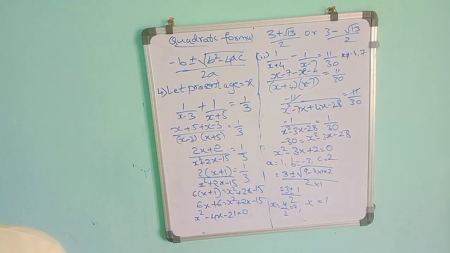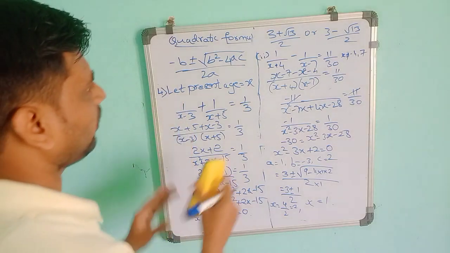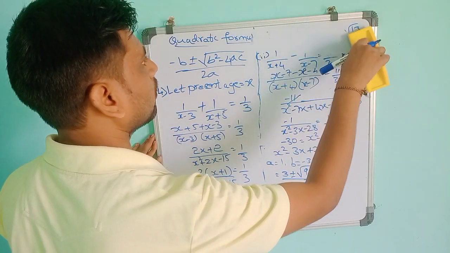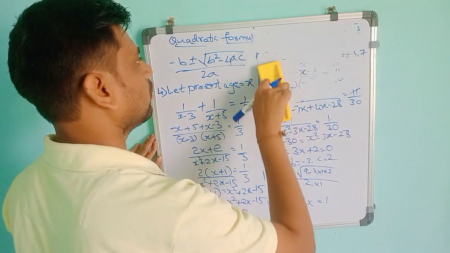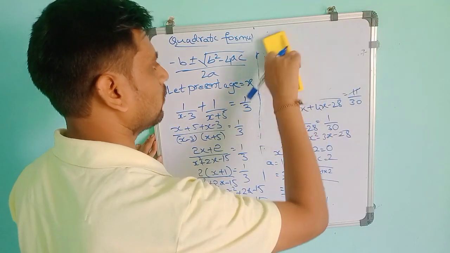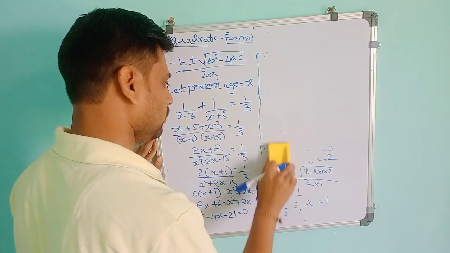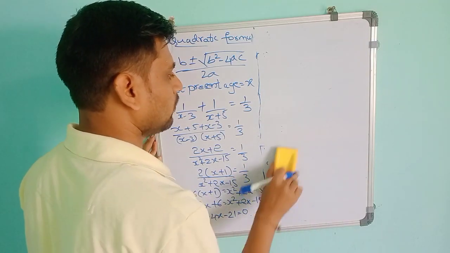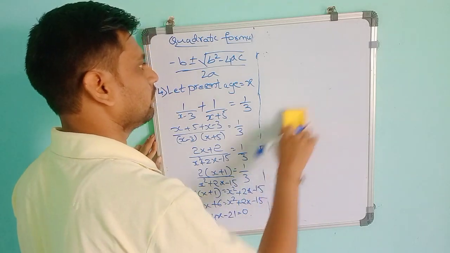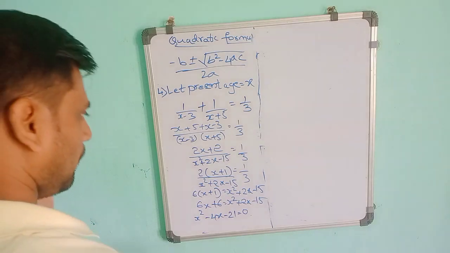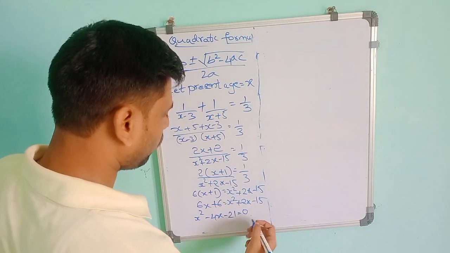Then you have to put the values in this formula. So x square minus 4x minus 21 is equal to 0.